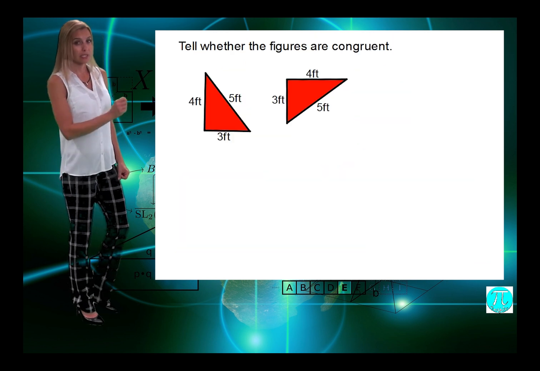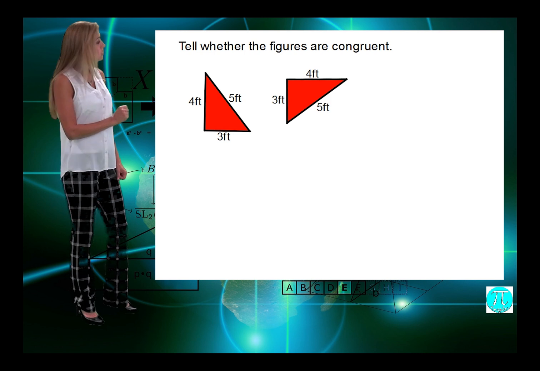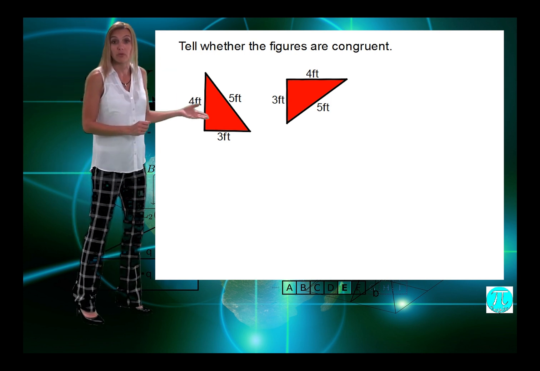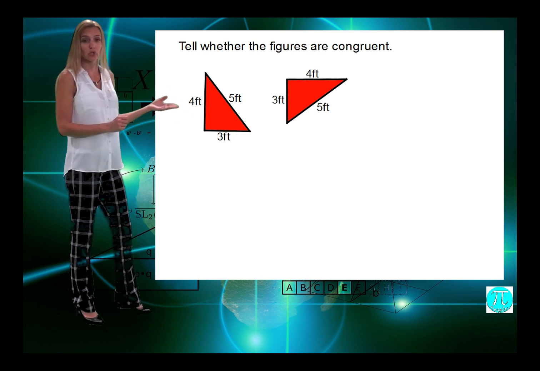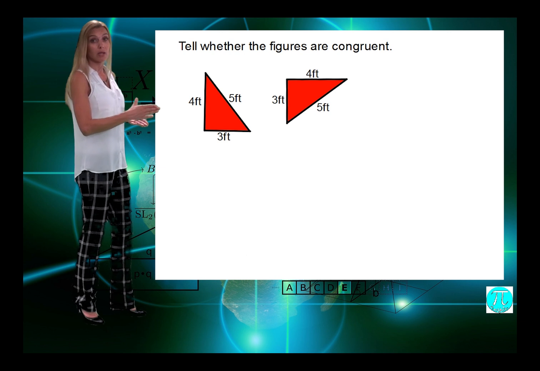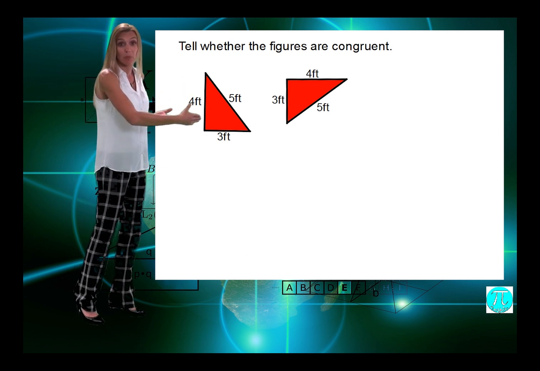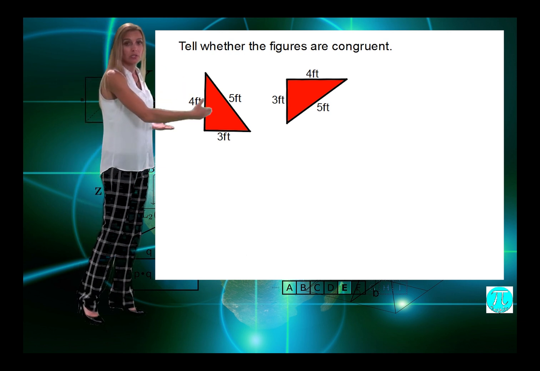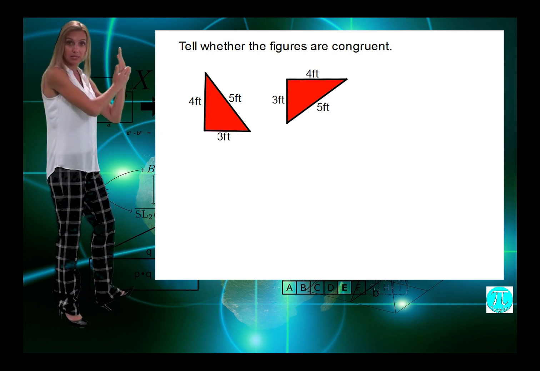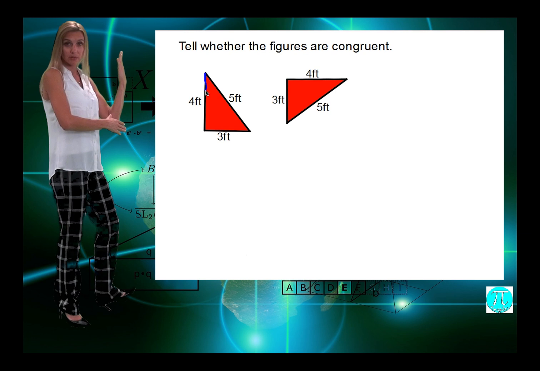If you look, we have an example in here. We're supposed to tell if these two triangles are congruent. Tell if these two figures are congruent. Well, we need to find sides that are alike, that are the same length. So let's look. The one triangle on the left has a height that is 4 units.